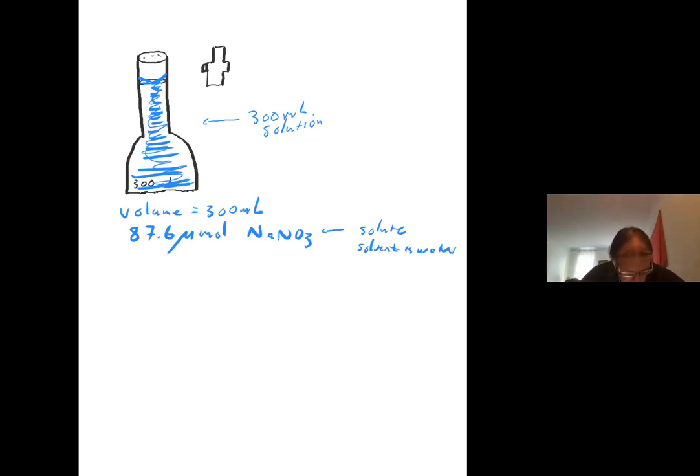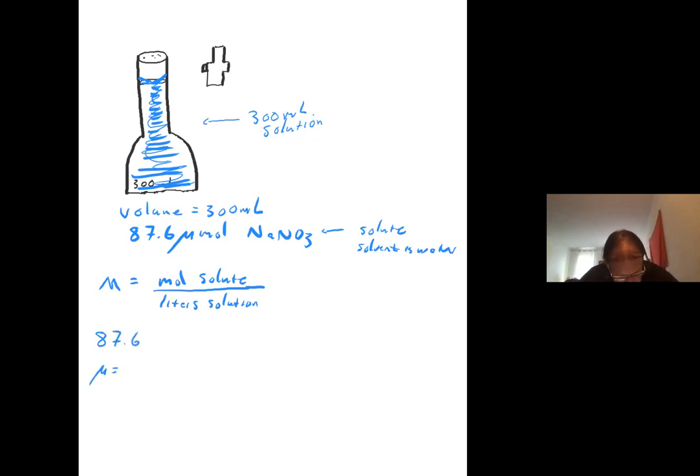It's very simple. The molarity is the number of moles of the solute divided by the number of liters of solution. So we just have to get the units in the right place here. So it's 87.6 micromoles. We want to have that as moles, not micromoles. So we have to get rid of the micro. So here's how we'll do it. 87.6. What is micro?